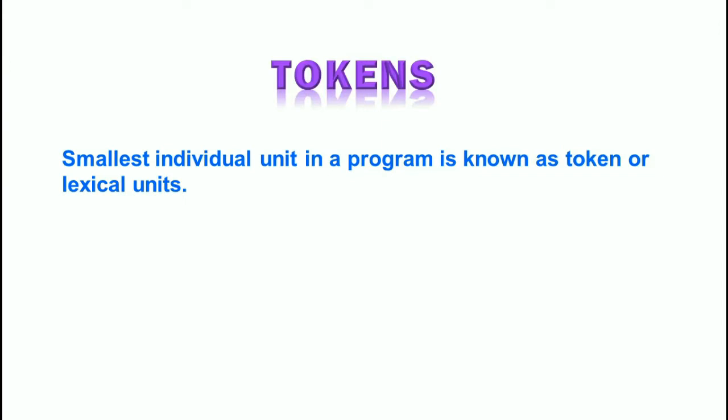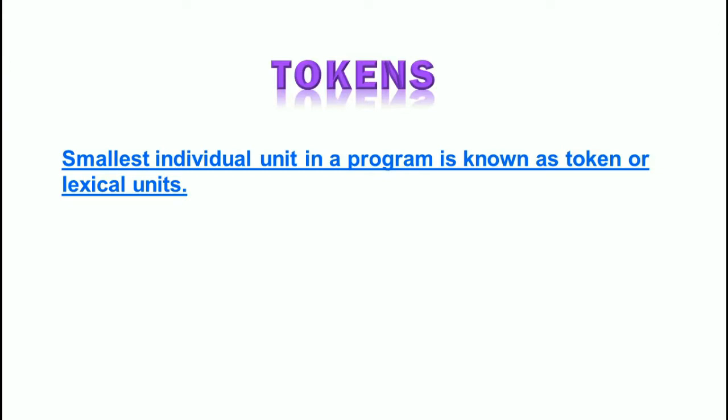Now the next element of Python is tokens. The smallest individual unit in a program is known as a token or lexical unit. In a passage of text, individual words and punctuation marks are called tokens or lexical units.